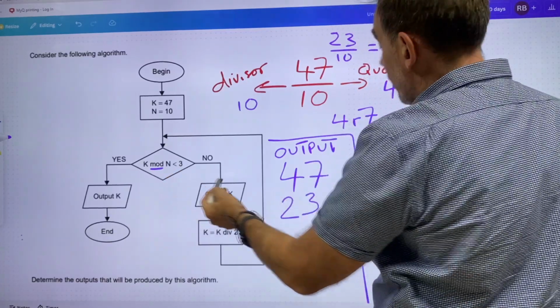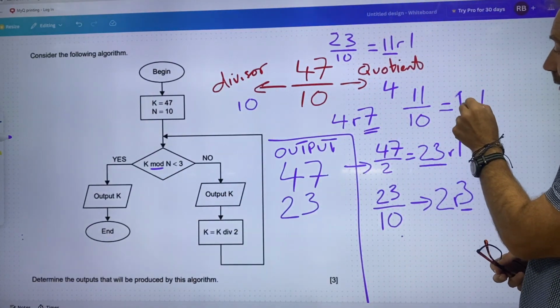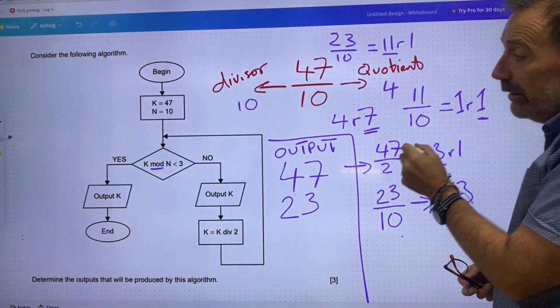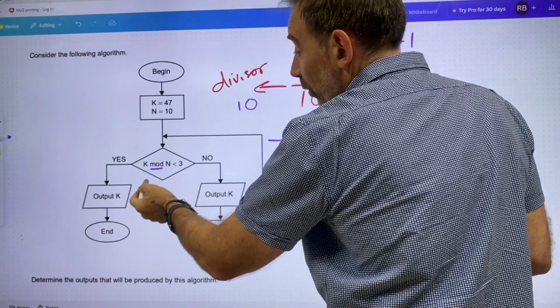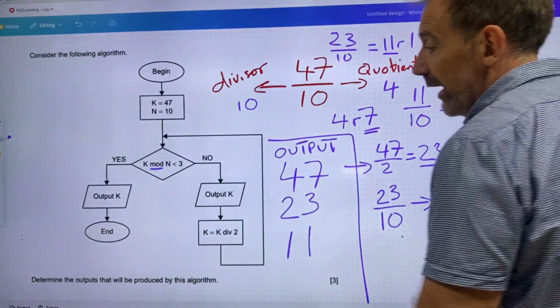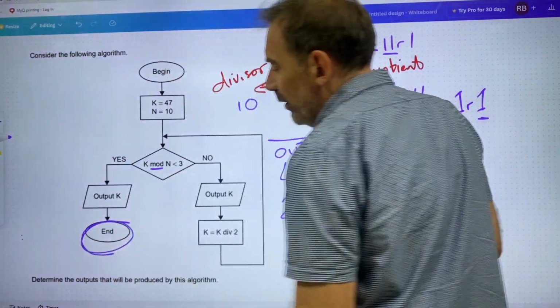Is 1 less than 3? Remember, remainder 1, 11 divided by 10. Is it less than 3? Yes, 1 is less than 3, so output k. So we output 11, okay? And then we end the program.